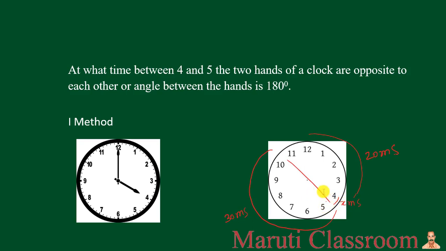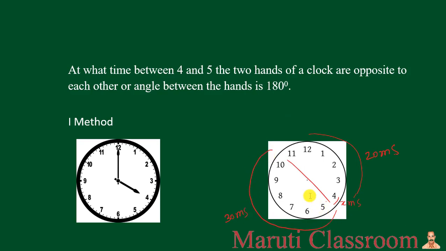Now tell me, to come to this position from the 4 o'clock position, how many minute spaces should the hour hand cover? The hour hand should cover x minute spaces. And how many minute spaces should the minute hand cover? The minute hand should come to 4 from 12. To come to 4 from 12, it has to cover 20 minute spaces. From 4 to this position, it has to cover x minute spaces. Then, because it is a semicircle, it has to cover 30 minute spaces.